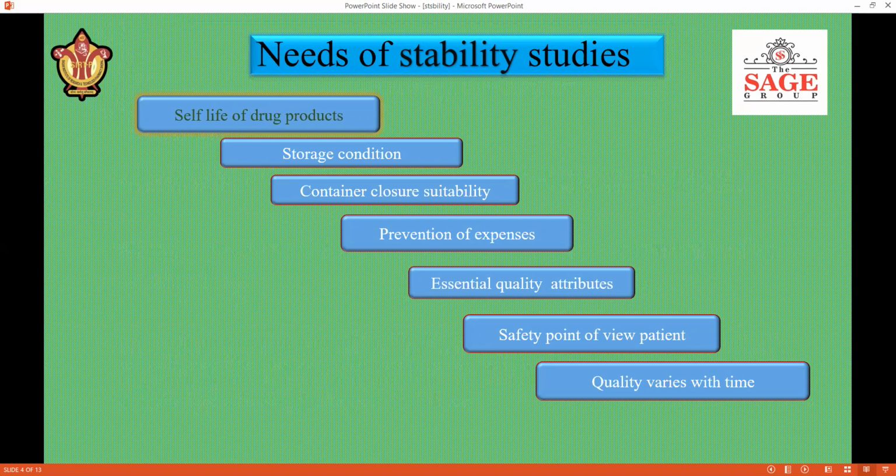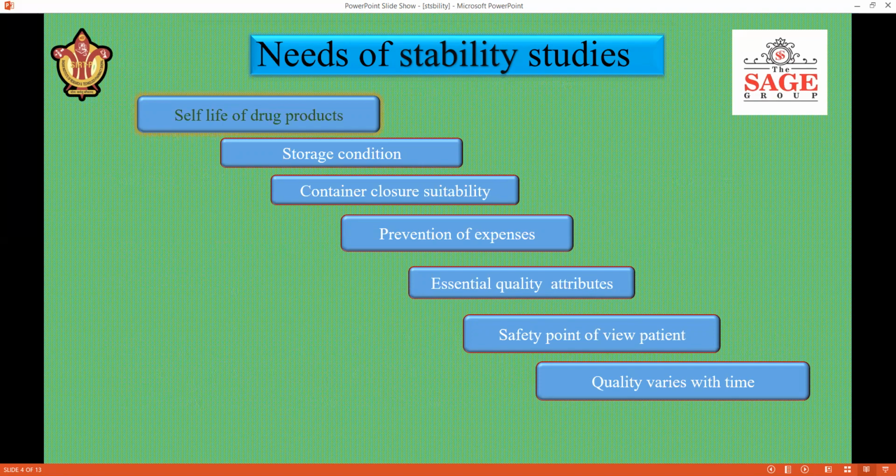During storage condition, for how long a period are drugs stable? During storage, does the drug product degrade or not, and for how long is the drug product stable in the container? Next is container closure system. Container closure system is also a need of stability study.